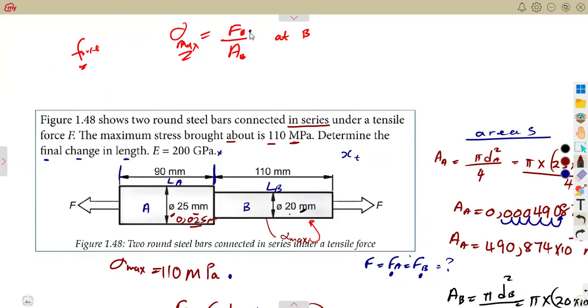So what will be the force at B? We just have to cross multiply. The F at B is the area at B times the maximum stress.